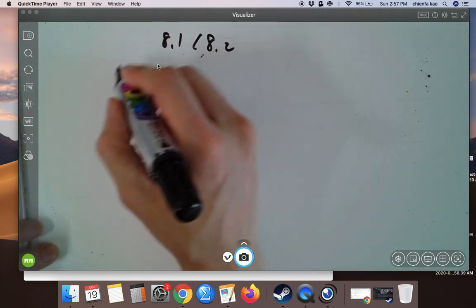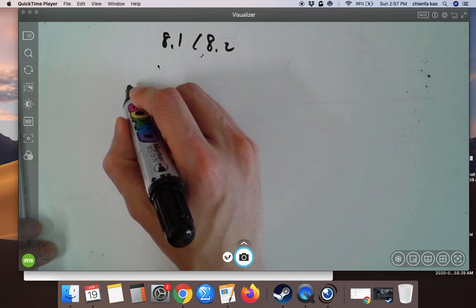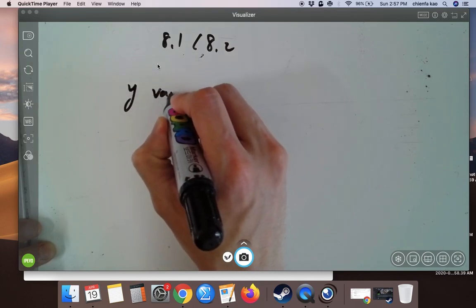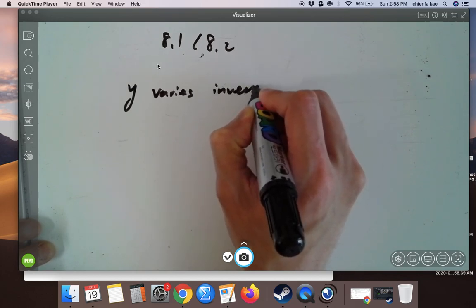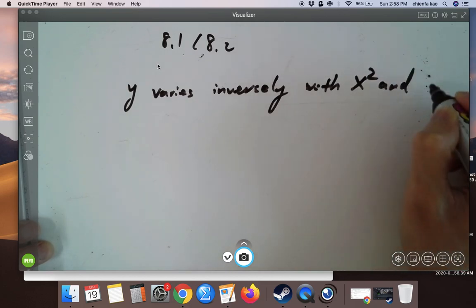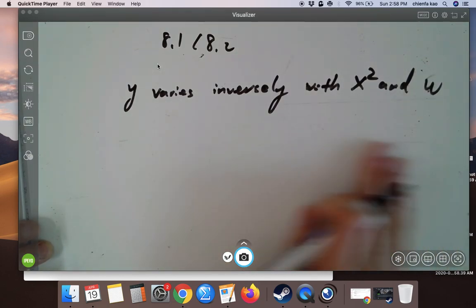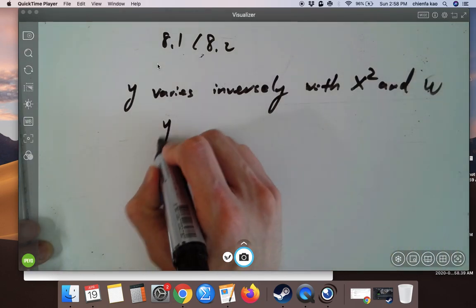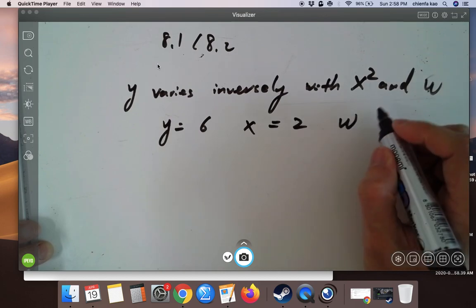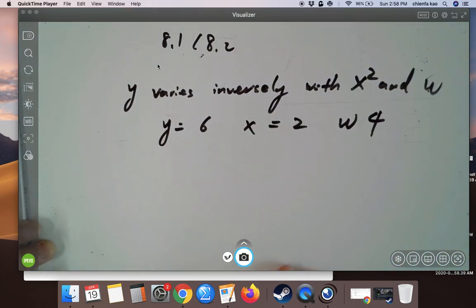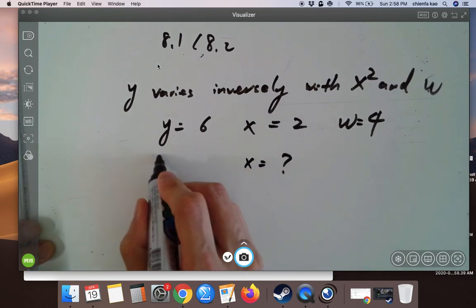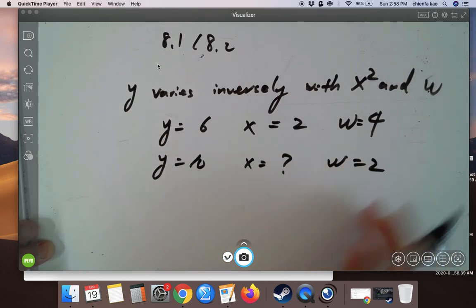Now let's try another problem for 8.1. Let's just say Y varies inversely with X squared and W. Okay, and then if I tell you when Y equals 6, X equals 2, and W equals 4, please find X when Y equals 10 and W equals 2.